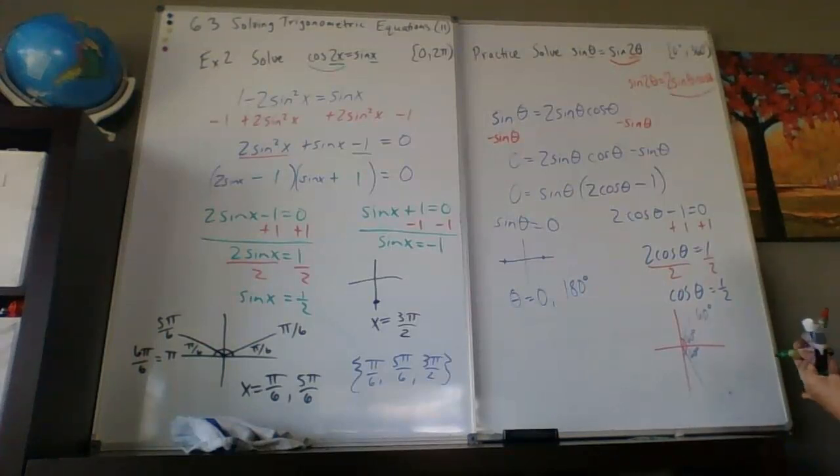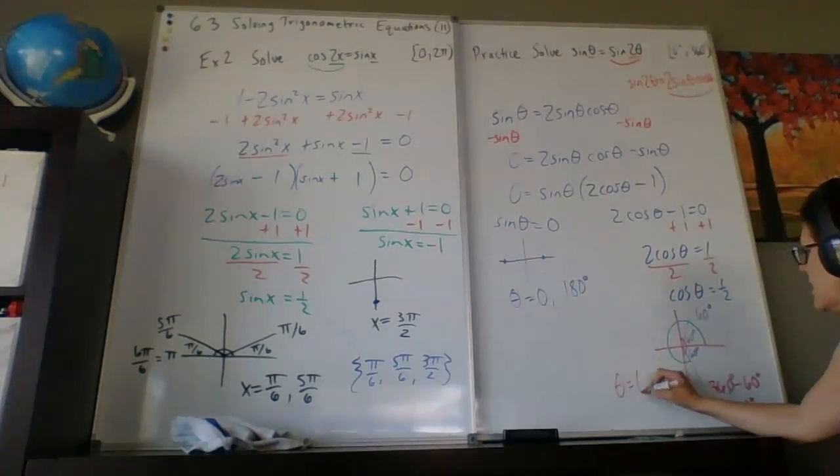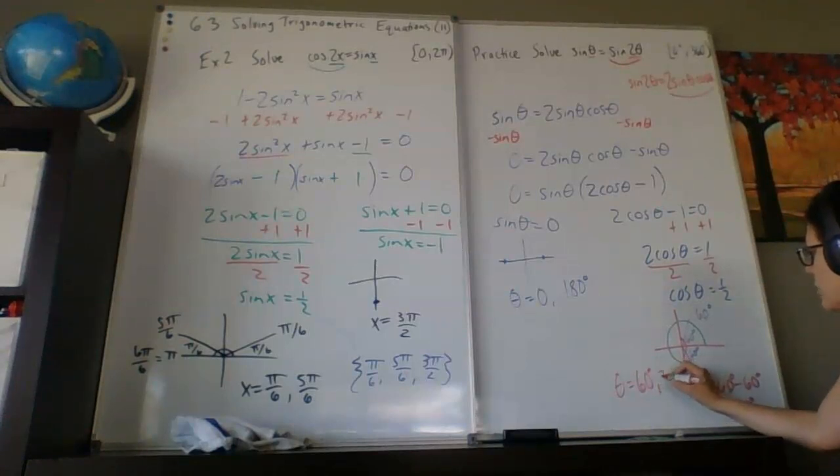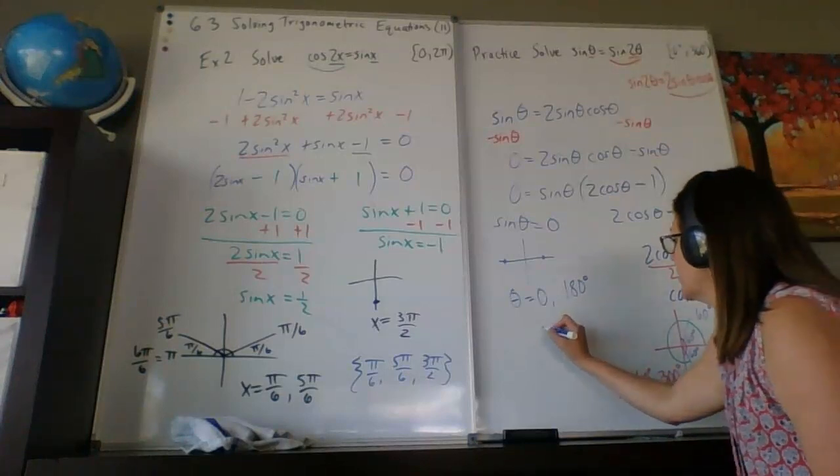In quadrant 4, we're trying to find the angle starting at 0 all the way around just to that point. So we want to take the 360 and take away that 60 degrees, and we're going to be left with 300 degrees. So over here, we get theta equals 60 degrees and theta equals 300 degrees.